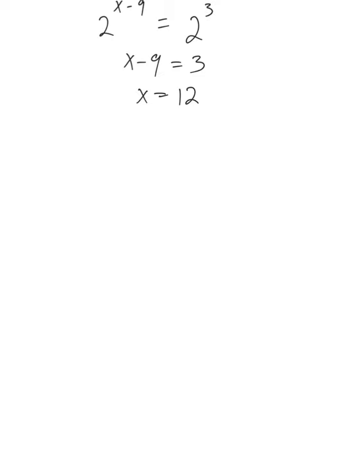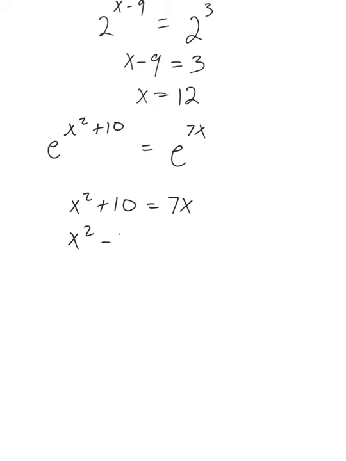Let's say with functions with e. So let's say we have e to the x squared plus 10 equals e to the 7x. Same rules, they both have e's. We just need to see how we get x squared plus 10 equals 7x. We just need to solve for x, where one has to equal the other. Well, this looks like a quadratic, so I am going to solve it as though I would solve a regular quadratic.